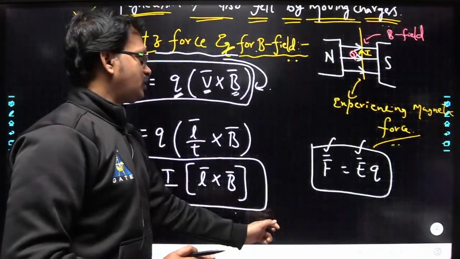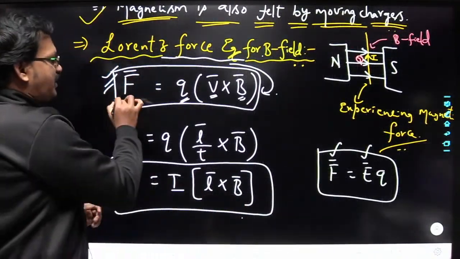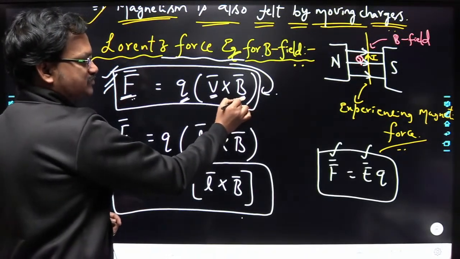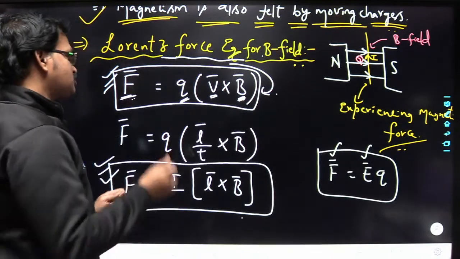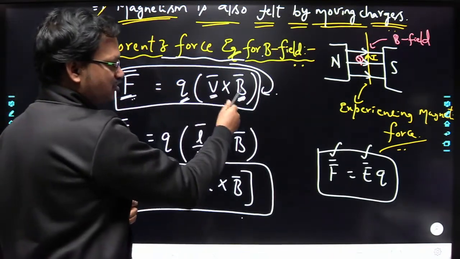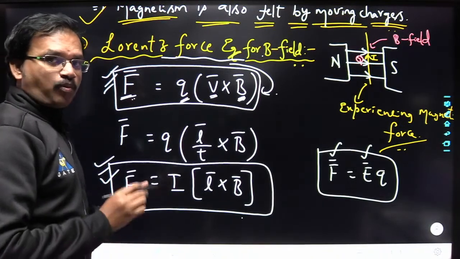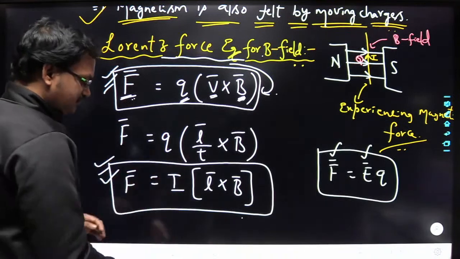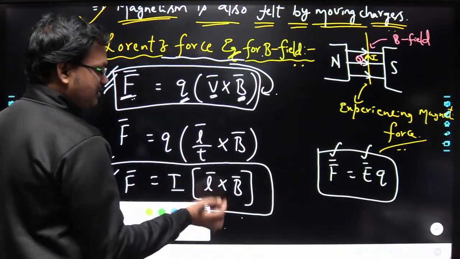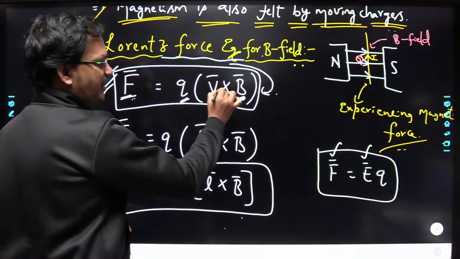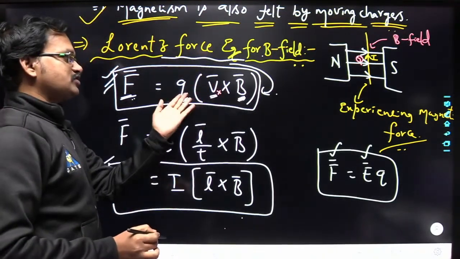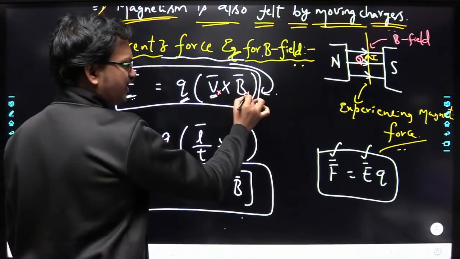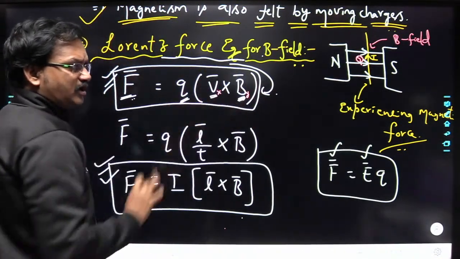Now coming to the magnetic force and the magnetic field: what is the direction of the magnetic force and the direction of the magnetic field here? Are both pointing in the same direction, or are they perpendicular to one another? For example, let us assume the velocity of the charge is in the x direction and the magnetic field is pointing in the y direction.